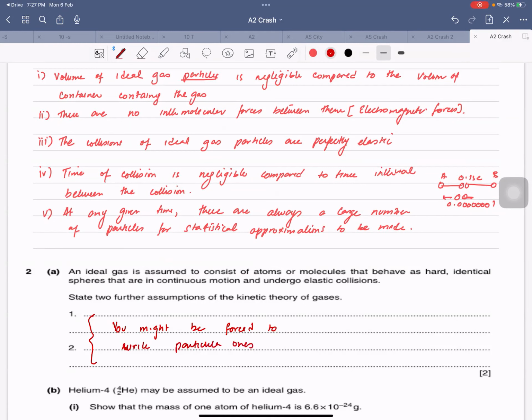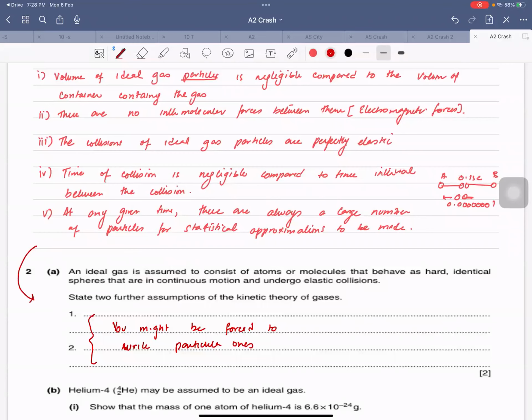Like, they might give you 3 and then ask you to write the other 2. And if you don't remember the other 2, obviously you're going to score 0 here. Do you understand? So this is why a bit of rote learning is required in this question.